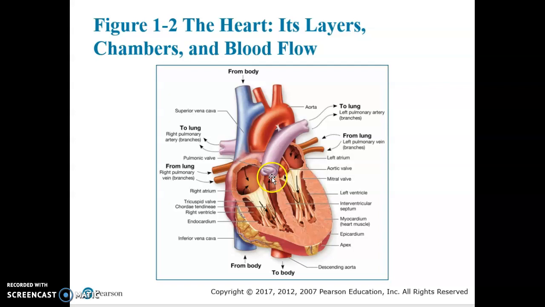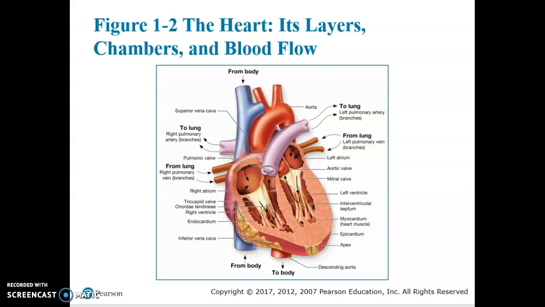Right here it is, the pulmonic valve. So our pulmonary valve is a semilunar valve, and our aortic valve is a semilunar valve. These are the 2 structures right here. The pulmonic valve sits between the right ventricle and the lung, and the aortic valve between the left ventricle and the body. So that gives you an idea of what those 2 look like. They appear half moon in shape.